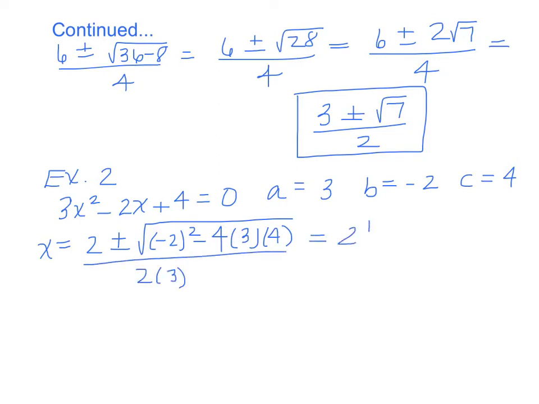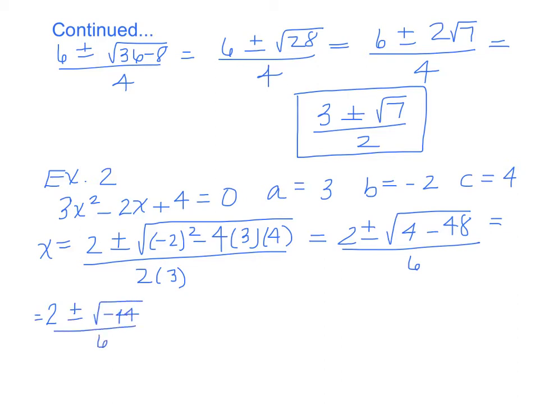So simplifying under the square root, we get 4 minus 48. So we are going to have a negative. And then I'm going to simplify that using negative 4 and 11.